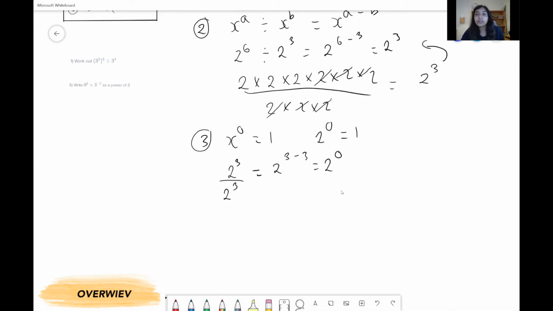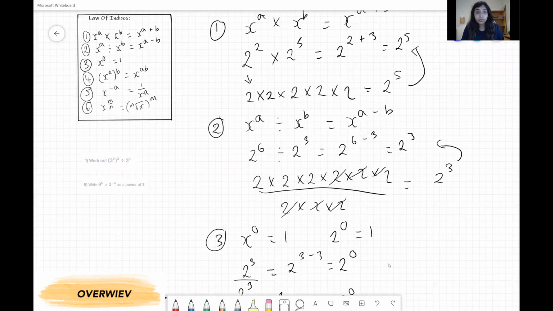And you also know that if you're dividing two numbers which are the same, like 2 to the power of 3 divided by 2 to the power of 3, that's just equal to 1. So 1 is also equal to 2 to the power of 0. That's where that rule comes from. So x to the power of 0 is always equal to 1.